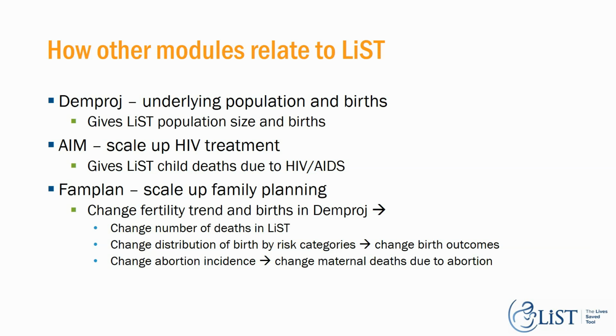So, for example, women who are having children later or who space out their births a little bit more might have better birth outcomes than women who are having children very, very young, or women who are having children very closely, one after the other. It also changes the incidence of abortion, which in turn will change the number of maternal deaths that are due to abortion.